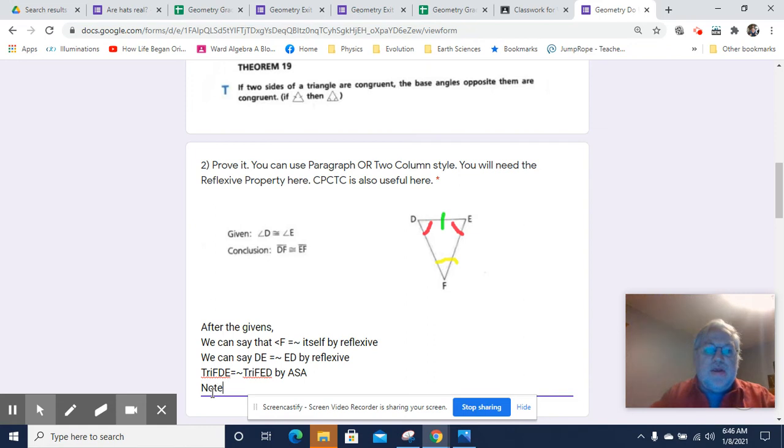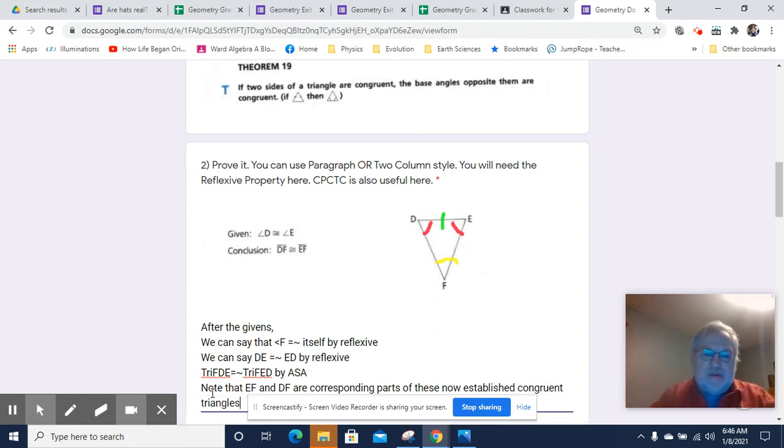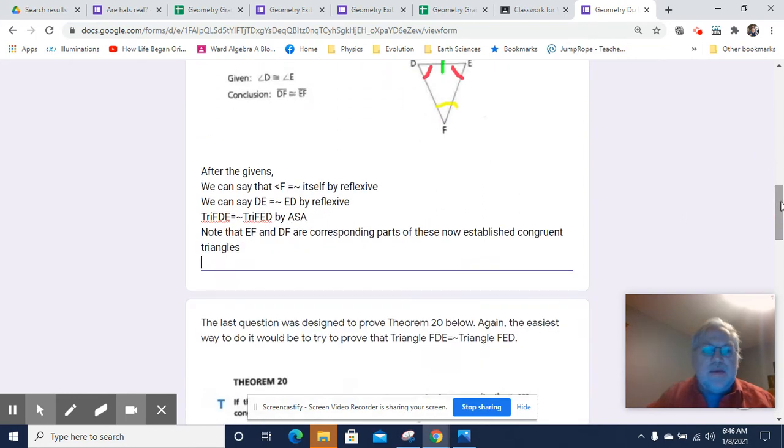So I'm just going to note that EF and DF are corresponding parts of these now established congruent triangles. So scroll down a little bit.